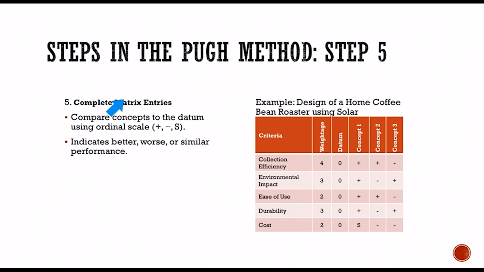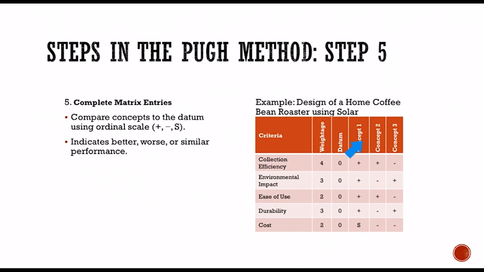Step number 5 is to complete the matrix entries. Here we will compare the concept to the datum using the ordinal scale: plus, minus, or S. Plus indicates better, minus is worse, and S is similar performance. For example, as you can see, when we compare concept 1 to the datum on the criterion collection efficiency, it states plus.